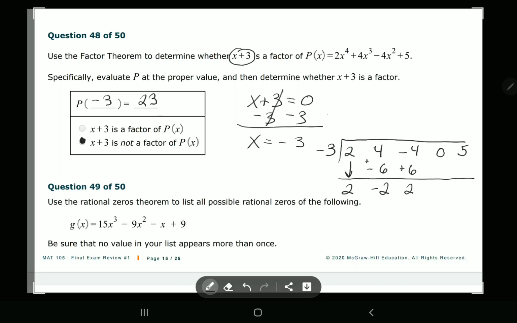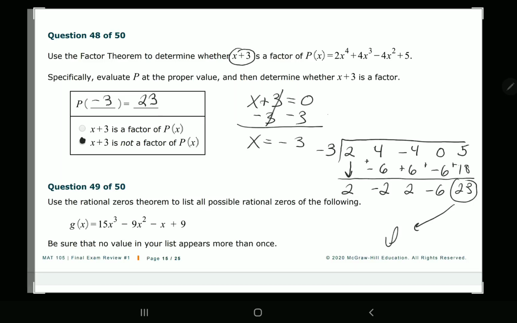Keep going. Negative 3 times 2 is negative 6. Place that there. 0 minus 6 is negative 6. Negative 3 times negative 6 is positive 18. Remember, you're going to add. 5 plus 18 is 23. The last number is known as your remainder.